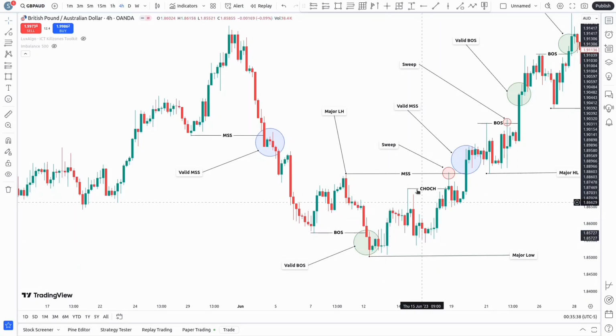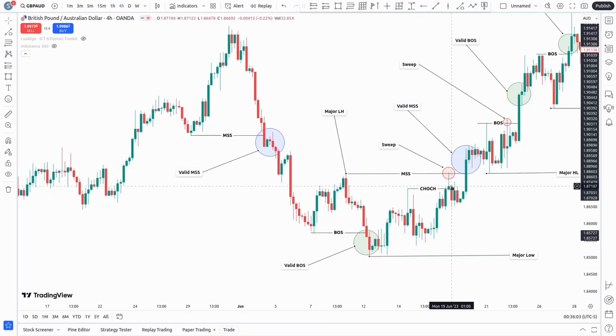This is substructure. We have a change of character here. Then what happens? Market first went to this level, swept liquidity. You can see there is no body closure here, neither is there another candle to confirm it. What we have here is a liquidity sweep of this high.